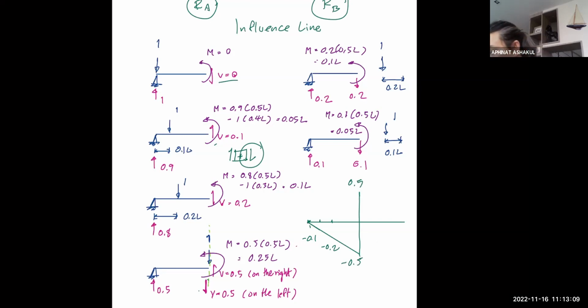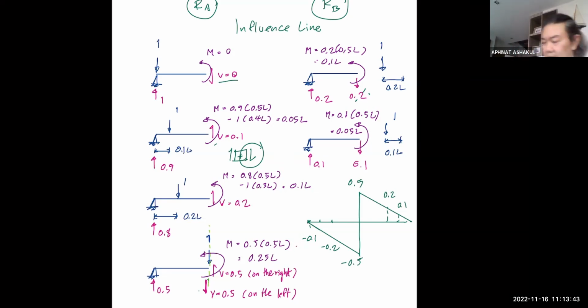Until again, when it is at the location 0.2 from the support. Here you have the shear downward at midspan, which incidentally is a positive shear. So you can see this is going to go like this, right? And this is 0.2 and 0.1 and 0 in the end.